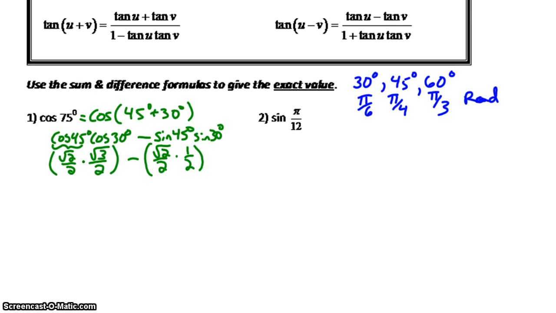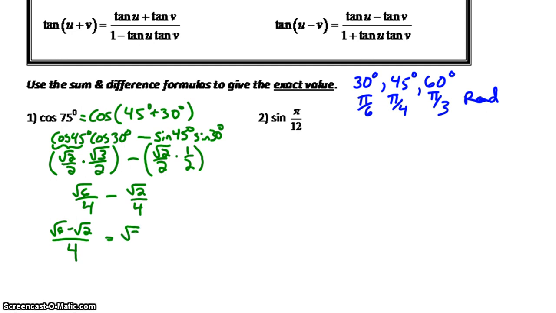Now, working this problem out further, I see that we have an ability to simplify, getting a radical 6 over 4 minus a radical 2 over 4. Again, I can combine my fractions with a common denominator, radical 6 minus radical 2, which could be rewritten, but I don't really suggest this.